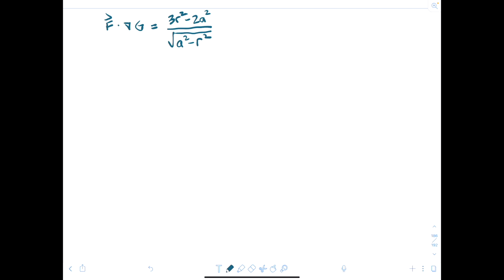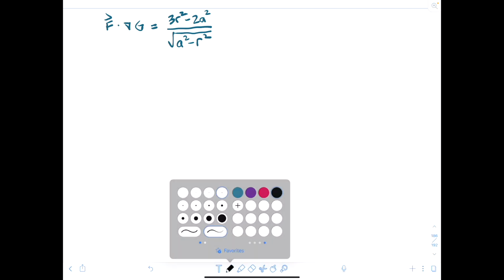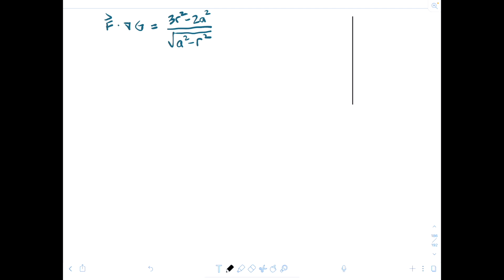Do you see that in that radical we've got a squared minus r squared, or if you want to think about r squared as x squared plus y squared, that's got to be less than or equal to a squared in order for us to get something real when evaluating that square root.